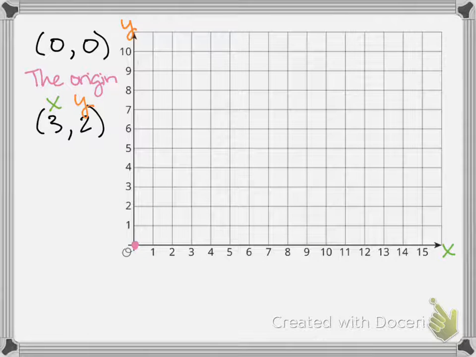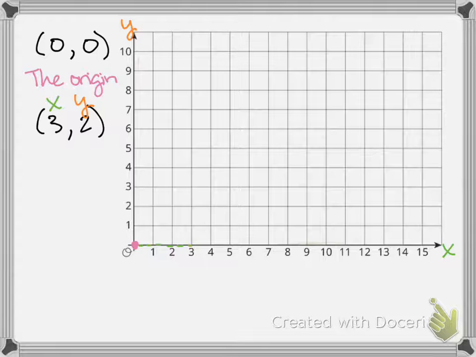And this really helps me because it helps me to keep track of which axis you're using for each number. So for the first one, my X is 3. I am going to follow the x-axis. I'll start at the origin and I'm going to follow this until I get to 3. And then I stop.